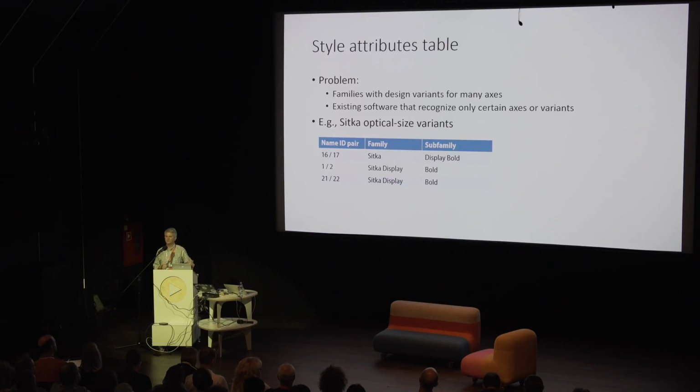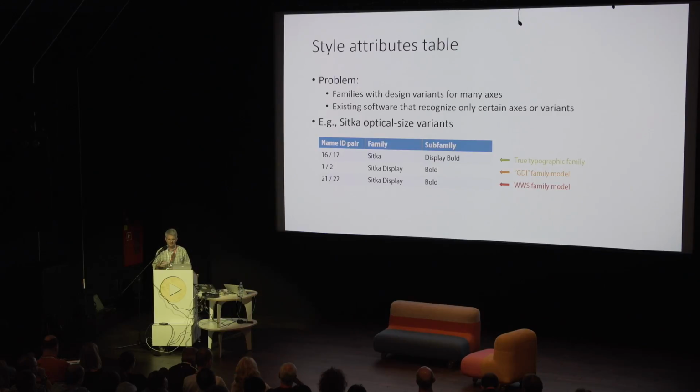So you're familiar with the fact that inside the font, you've already got these different name table pairs. So name ID 16 and 17 for the most generic notion of a family, but you've got 1 and 2 that you have to set up to support software that supports this older so-called GDI model of a family. And then we've got name IDs 21 and 22 for applications that support the weight, width, slope model of a family.